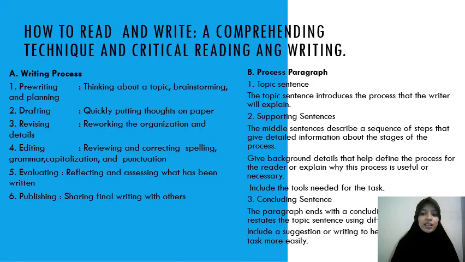Give background detail that helps define the process for the reader or explain why this process is unusual or necessary. Include the tools needed for the task. 3. Concluding sentence. The paragraph ends with a concluding sentence that restates the topic sentence using different words, including a suggestion or writing to help the reader do the task more easily.